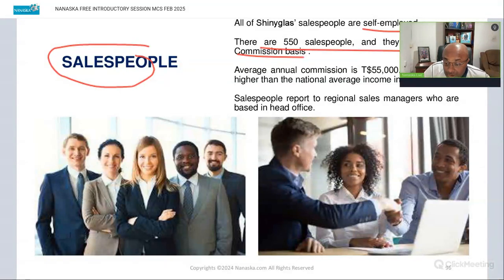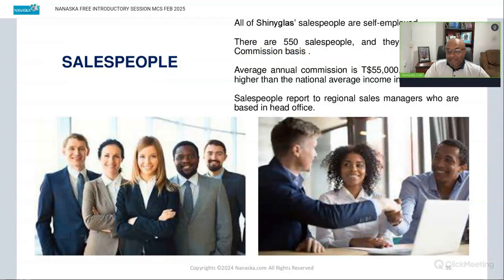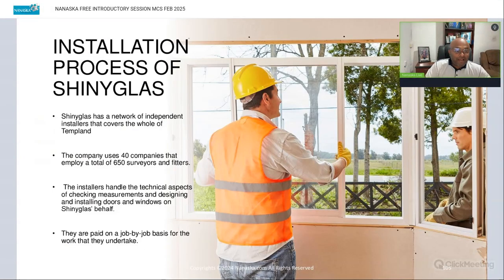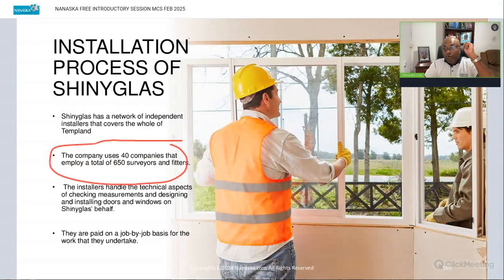Our installers are also entirely outsourced. Installation is done by various different companies. We use 40 different companies that employ 650 people who are the fitters and the surveyors. They are the installers. So I think it's a very nice organization.